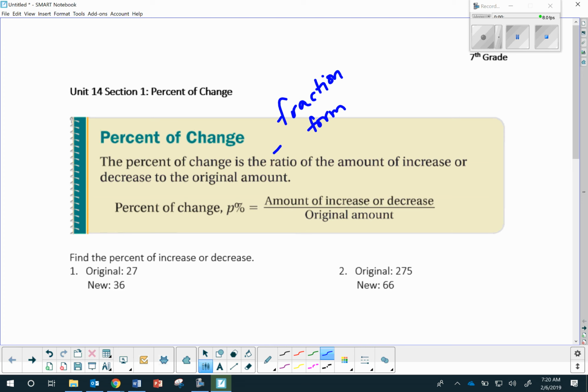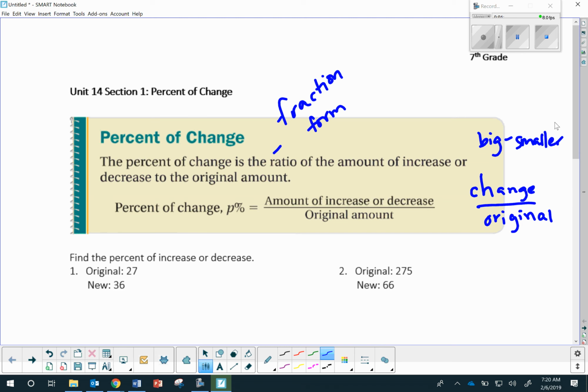So we can also think about this as change over the original amount. When we calculate the change, it's always the bigger number minus the smaller number. So you find that difference, that equals your change, and then you put that on top of your original.